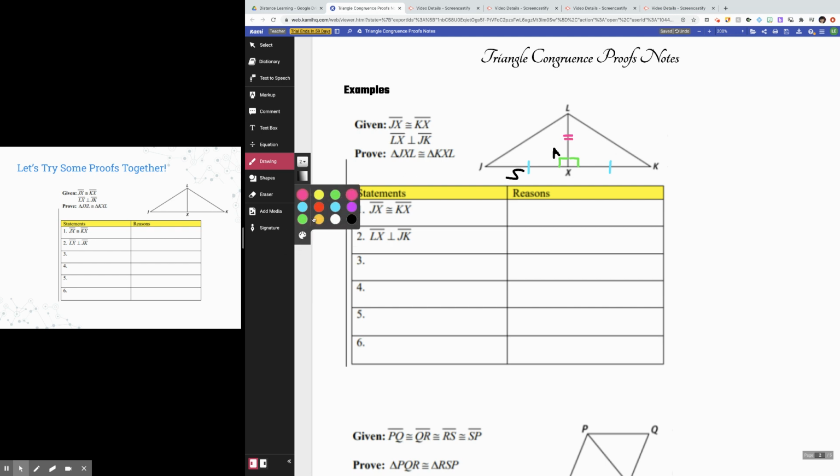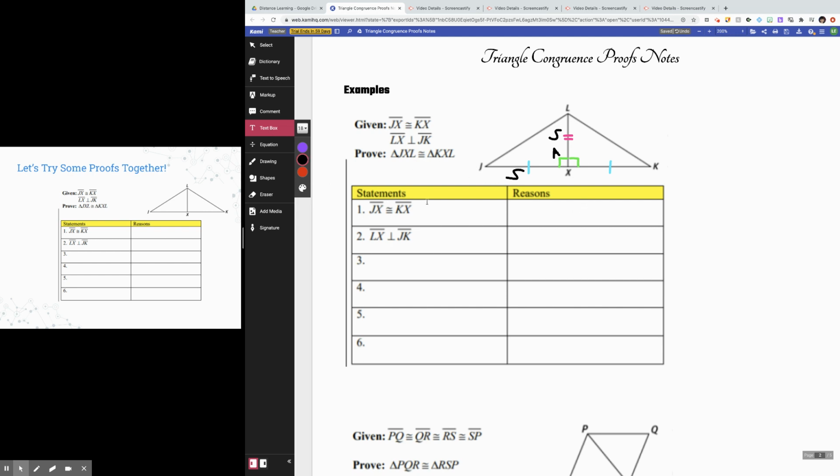So that would be my other side. With that, I have side angle side, right? And I can show that those two triangles are congruent. Just by doing this little roadmap, I have an idea of where my proof is going to go. So let's go ahead and fill in the actual proof.